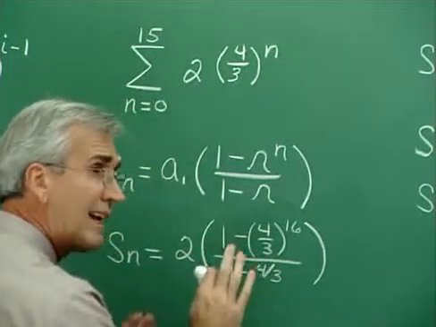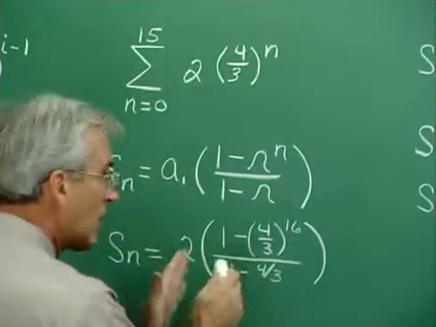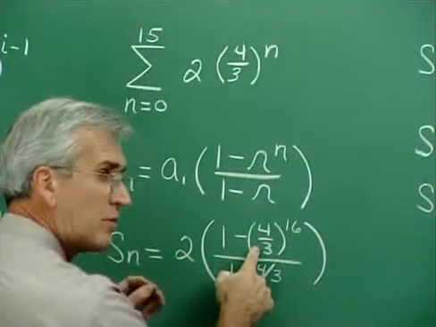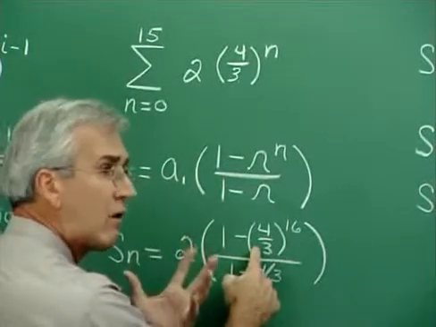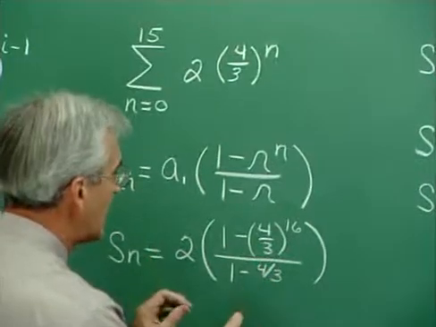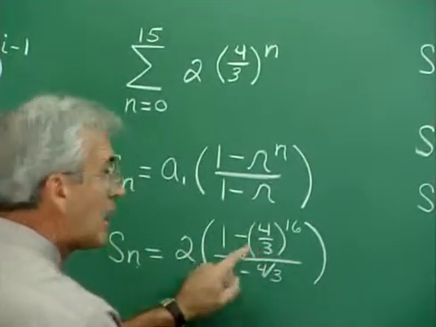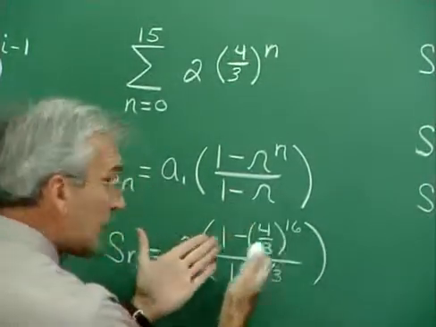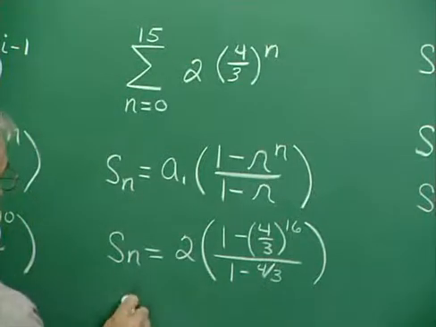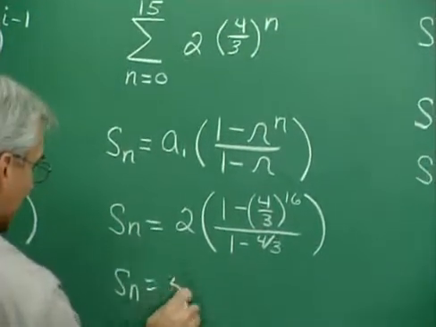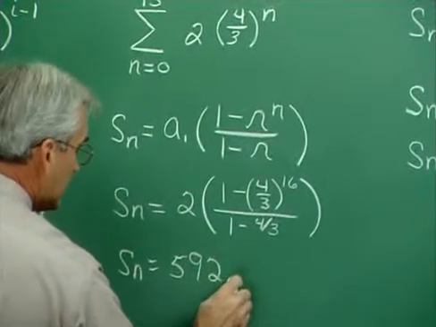Well, it turns out that that error that is created by approximating this decimal is going to create an error in the answer. So don't do that. Use an exact value here and introduce the appropriate parenthesis to accommodate that. At any rate, that sum turns out to be 592.65.